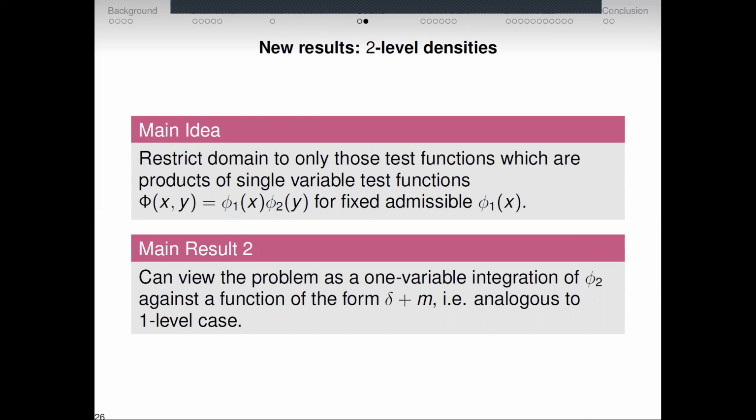And then we fix an admissible phi_1, and then we optimize over test functions phi_2. So the setup is analogous to the one-level densities in which we're optimizing over one-variable test functions. And the main result here is that we obtain an analogous setup to the one-level case, and most of the tools that we use in the one-level case more or less follow.